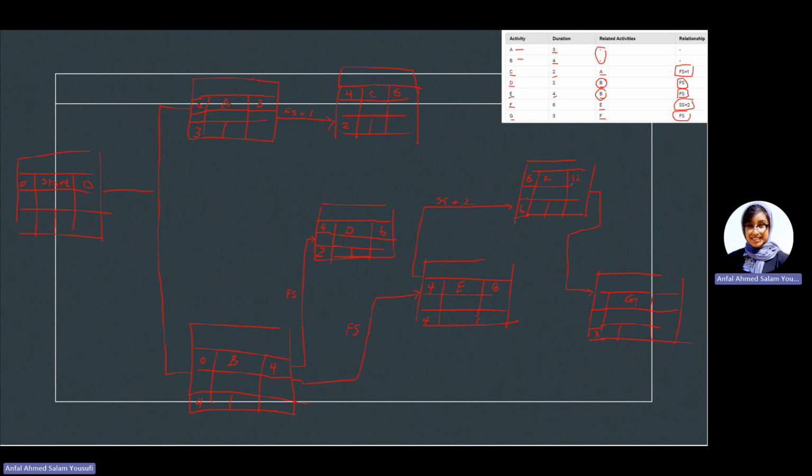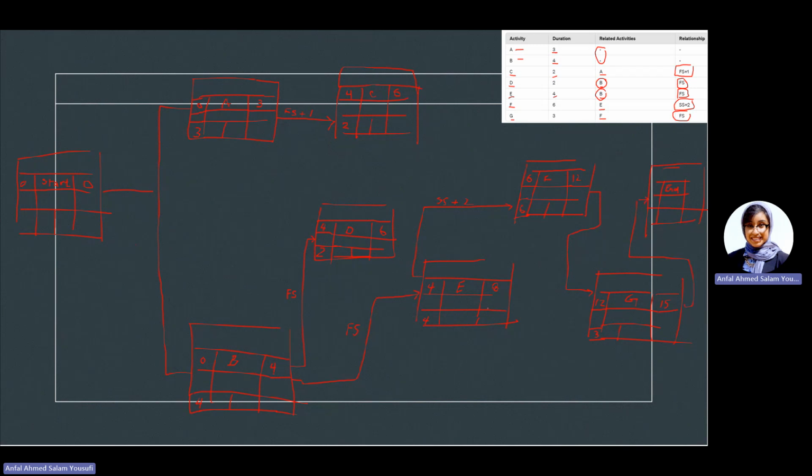If you finish F in day number 12, that is when you can start G. So 12 plus 3 is 15. And then after this, we are going to have our end. I'm going to write my end in here, and whatever is missing is going to go to your end.